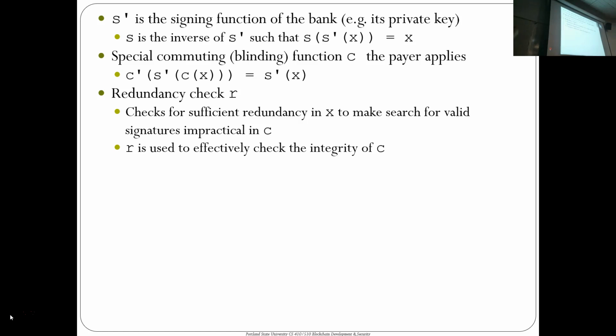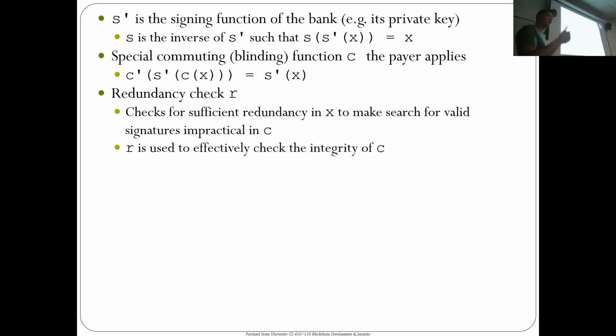The special blinding function is called C. The magic of C is that when the payer applies this blinding function to some input X, like the banknote, or the currency note, and gets the bank to sign this note, when it gets this signed note back from the bank, the payer can apply the inverse of the blinding function to unblind it to get back a signature from the bank on the original X.